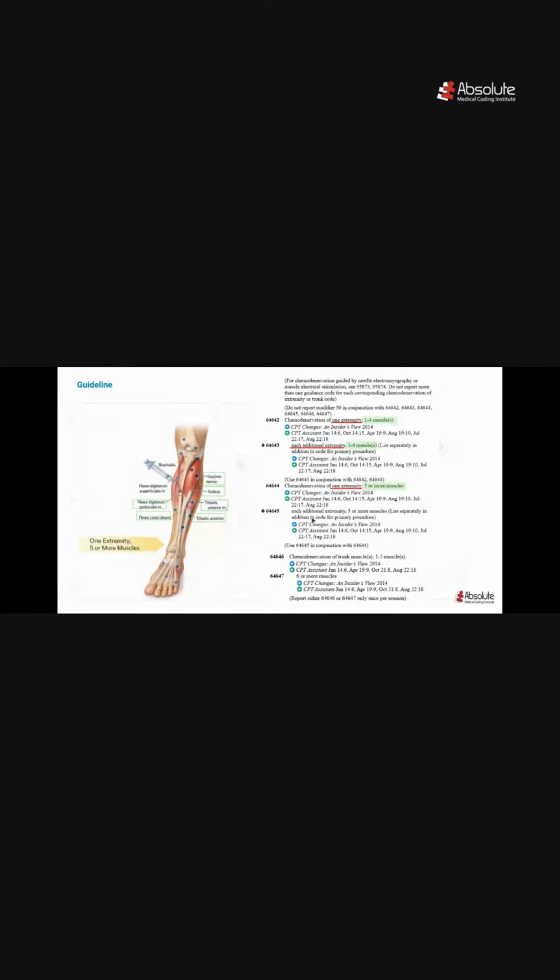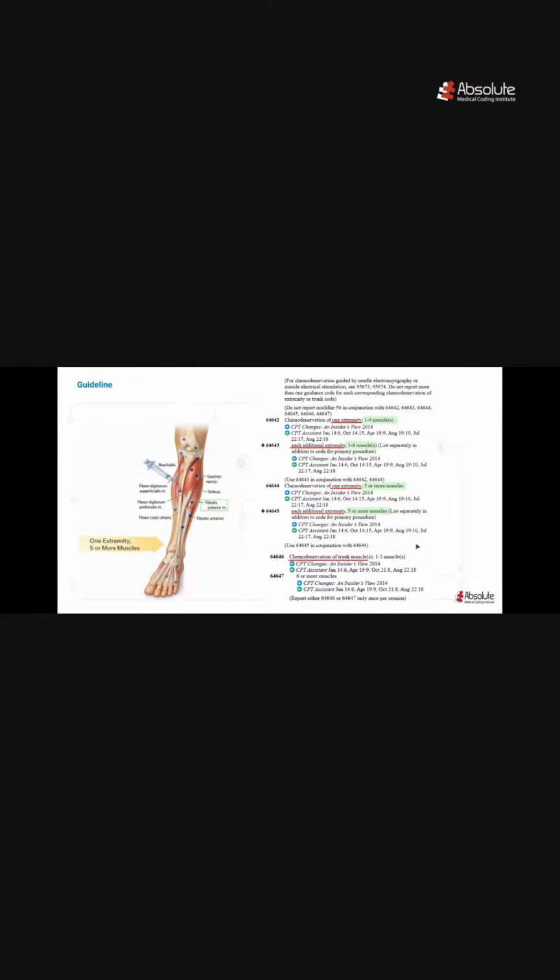If the same procedure is performed on the opposite leg, that would be your right leg, then you will use 64645. That is for each additional extremity, 5 or more muscles. That is important. Then you have codes for chemodenervation of the trunk muscles. For 1 to 5 muscles, you would use 64646, and for 6 or more muscles, you would use 64647.